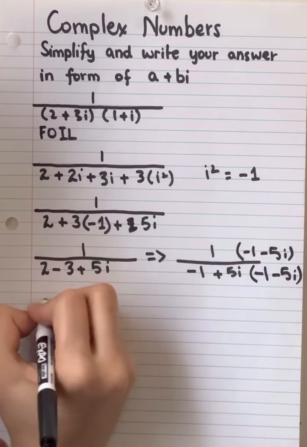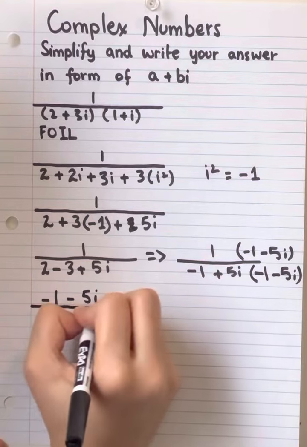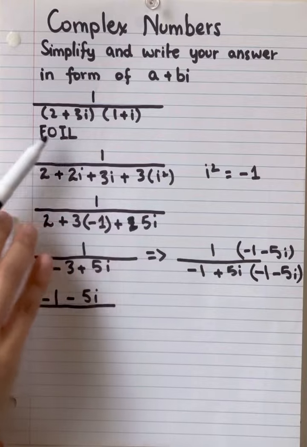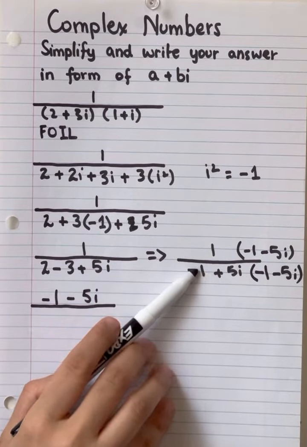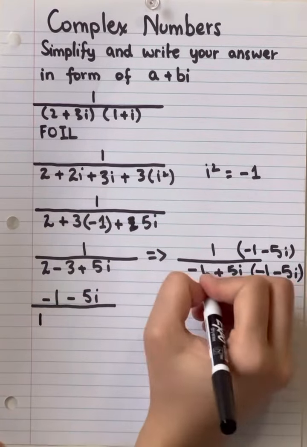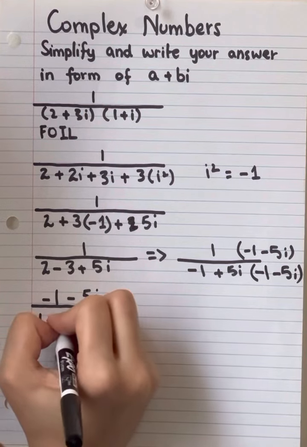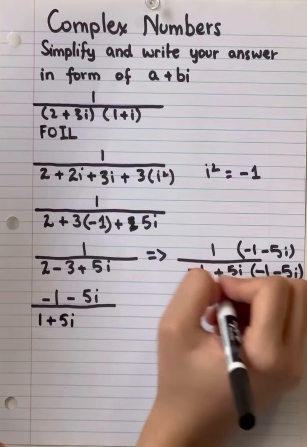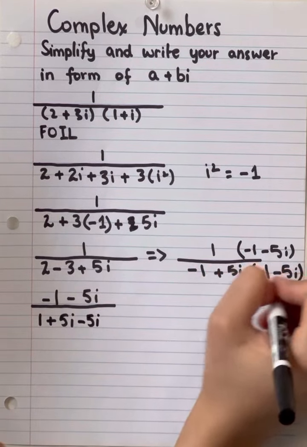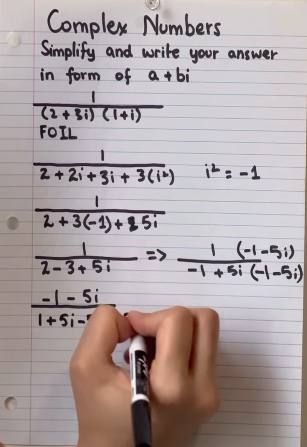So here it's -1 minus 5i divided by, again, we're going to use FOIL. So first term is plus 1, second term plus 5i, then minus 5i, minus 25i squared.